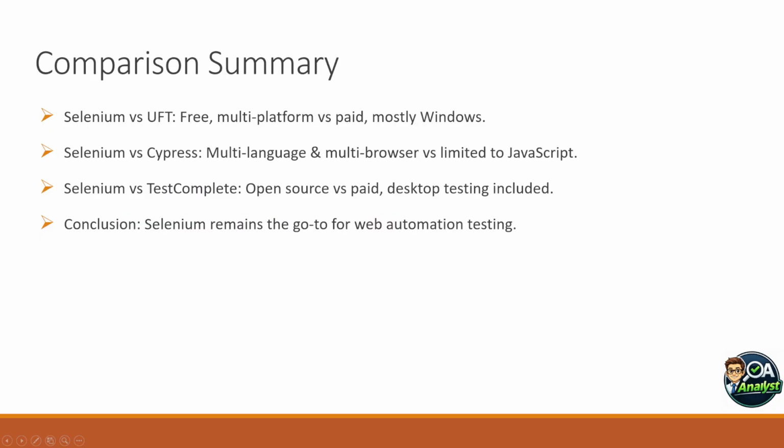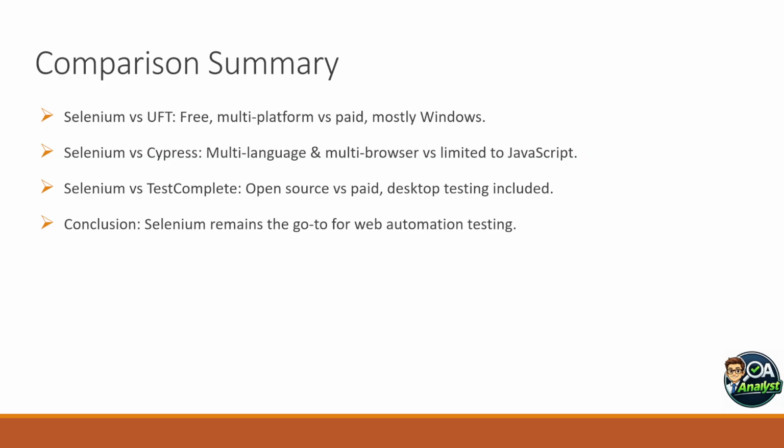So let's talk about this quick comparison summary. Selenium versus UFT: Selenium is free and multi-platform, while UFT is paid and mostly Windows. If you talk about Selenium versus Cypress, Selenium supports multiple languages and browsers, whereas Cypress is limited but faster for JavaScript-heavy apps.